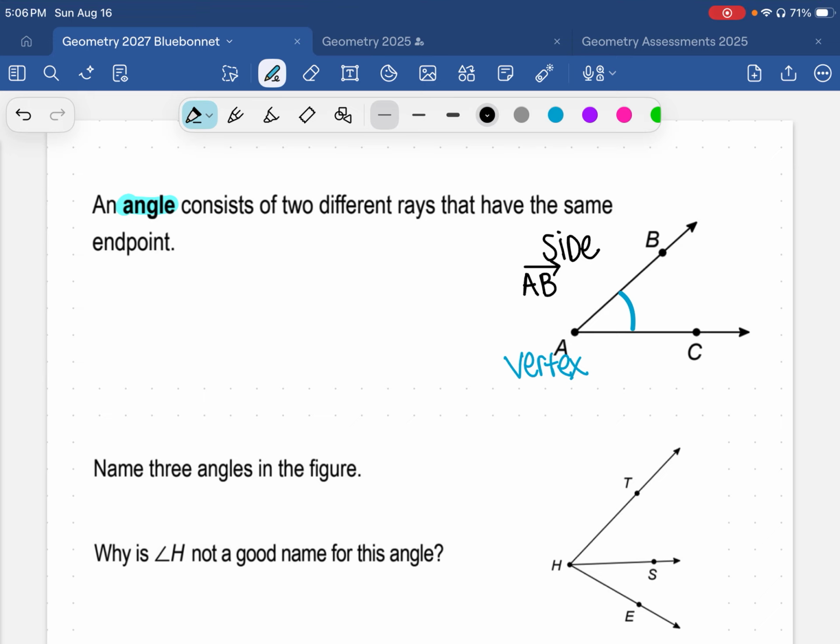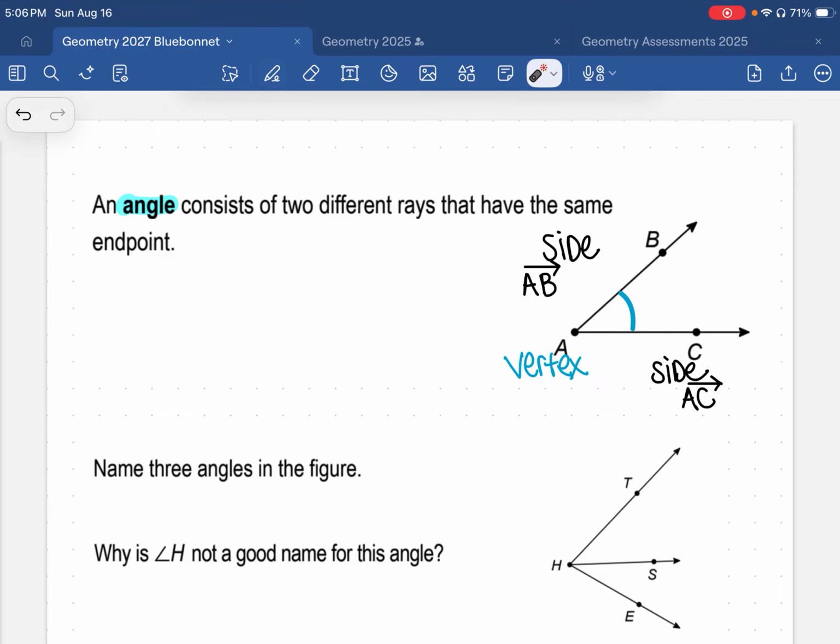So this side would be ray AB, and this side down here would be ray AC. Remember, if you're not going to use the symbol for ray, you do need to write the word. So if I wasn't going to use the symbol, I would have to write the word ray and then put AC.